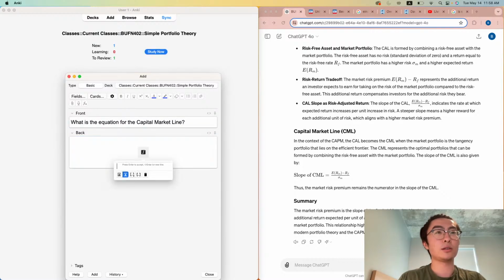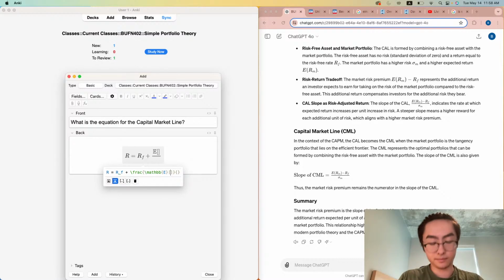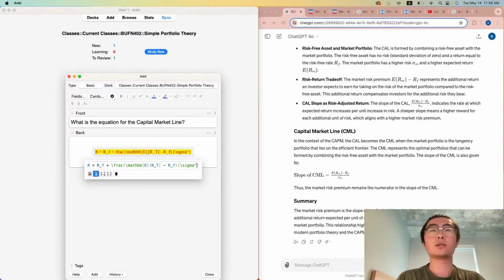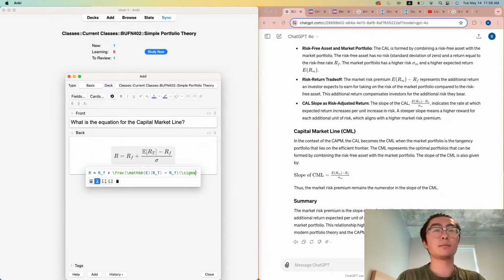The return is equal to the risk-free rate RF plus the Sharpe ratio: the expected return of our tangent portfolio minus the risk-free rate, divided by sigma of our tangent portfolio.